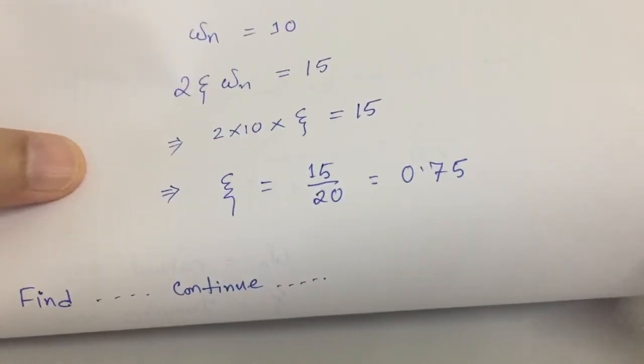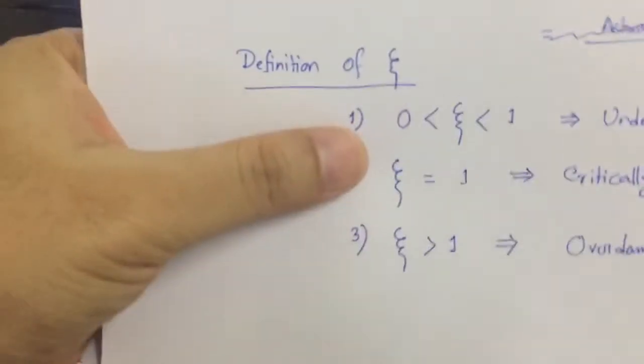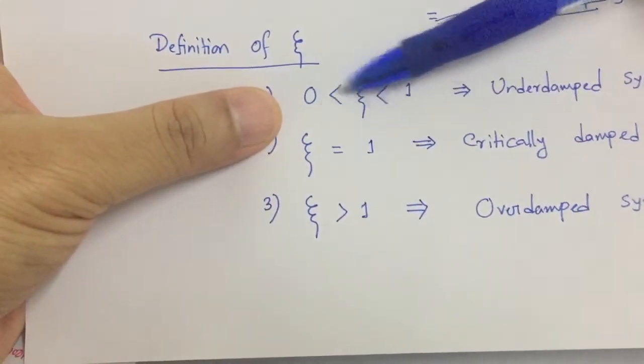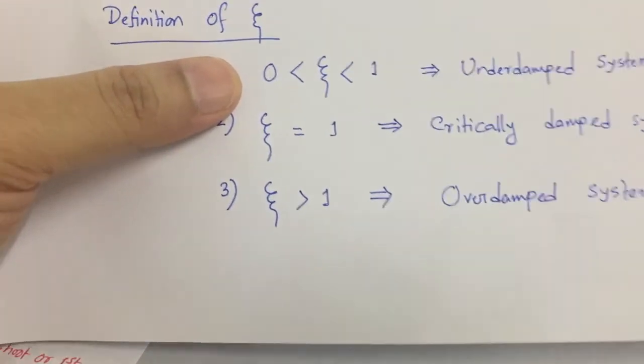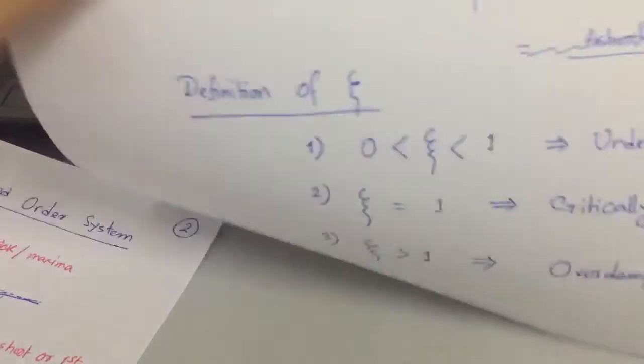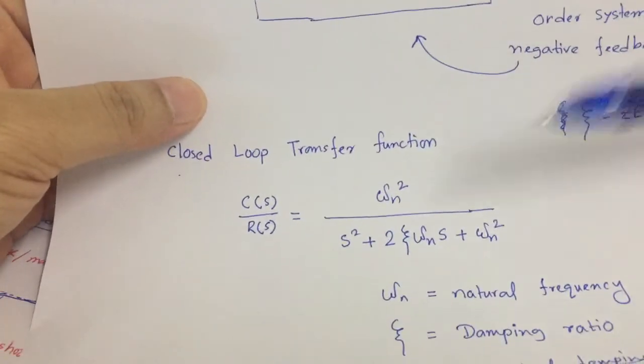So that means we can write what system it is. If the value of zeta is between 0 to 1, we call it an underdamped system. I forgot to tell you at the beginning that this is how we will know this is a second order system.